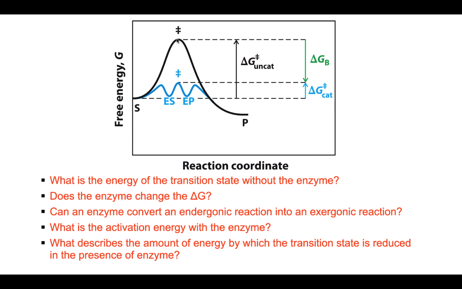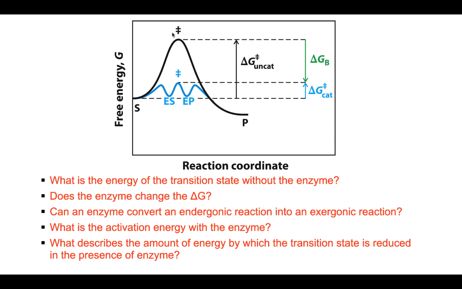Next, does the enzyme change the delta G? Okay, let's think about that. When we're looking at reaction coordinate diagrams, the best way to think about delta G is the energy of the product minus the energy of the substrate. Well, in black is the uncatalyzed reaction. In blue is the catalyzed reaction.